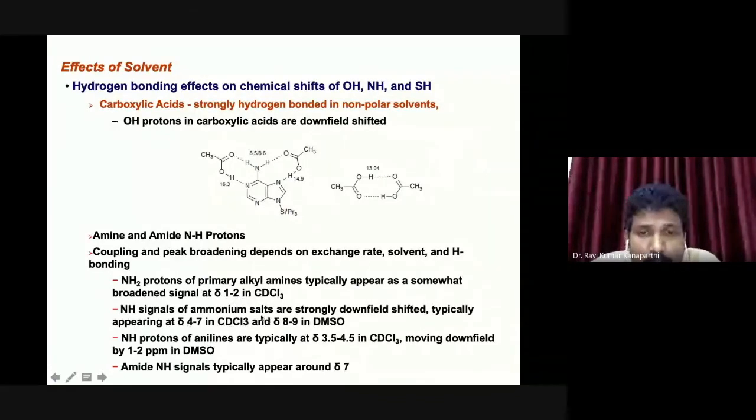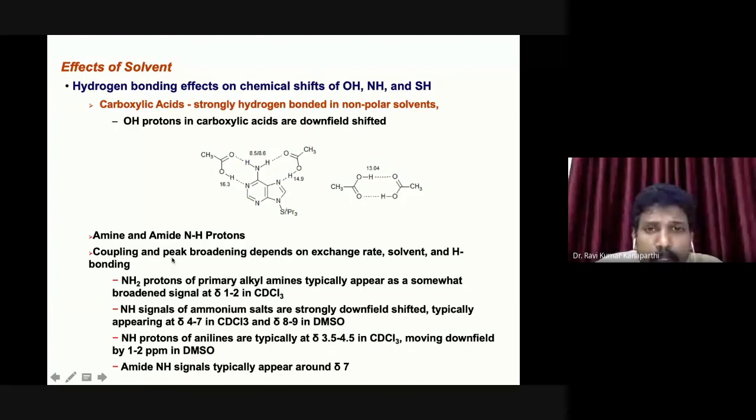For an ammonium salt, the NH proton signal will be strongly downfield shifted, typically appearing at 4.7 ppm in CDCl3. In DMSO, it is shifted further downfield, and is generally found at 8 to 9 ppm. NH protons of phenyl amines are typically seen at 3.5 to 4.5 in CDCl3.